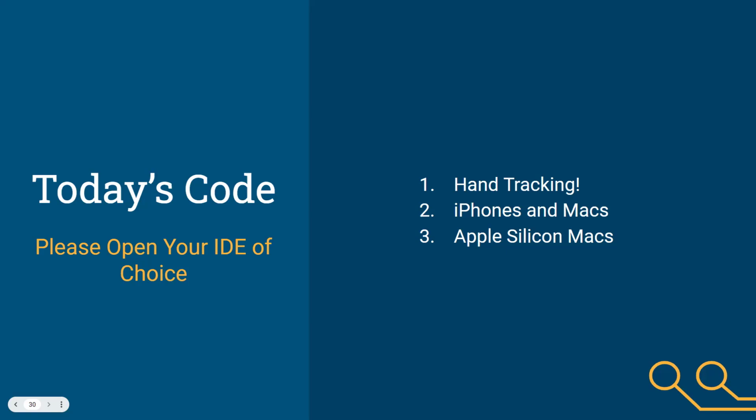The second thing: how many of you are on M1, M-series Macs? So this uses a library called MediaPipe. I'll put it in the Discord for you guys to see afterwards. When you install MediaPipe on an M-series Mac, you do not install just MediaPipe, you install mediapipe-silicon, and that will allow it to work.